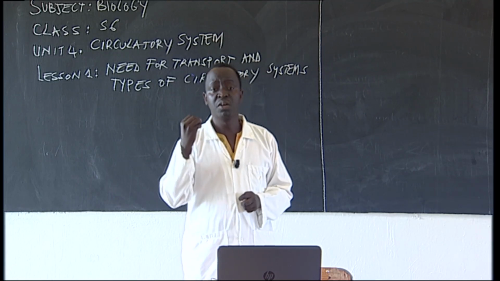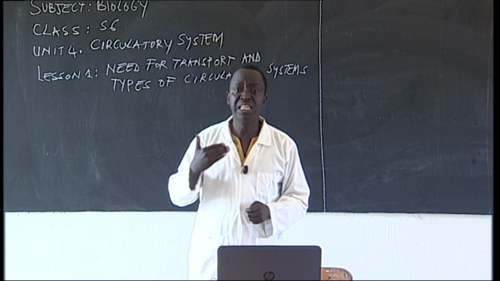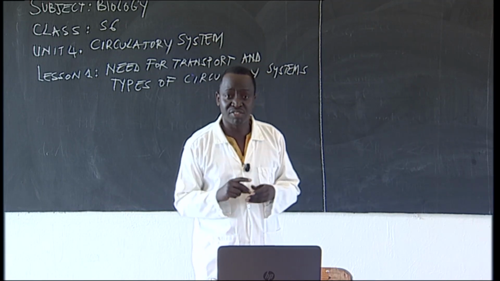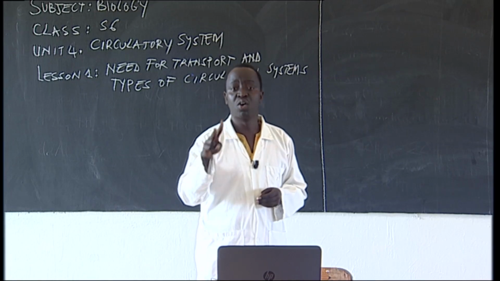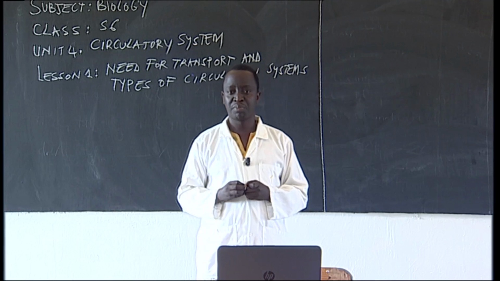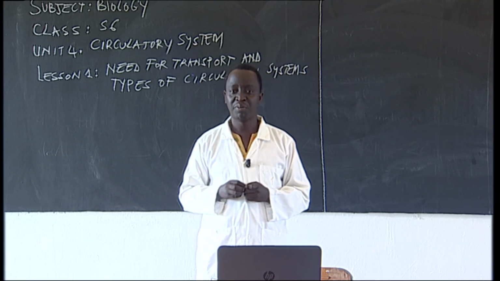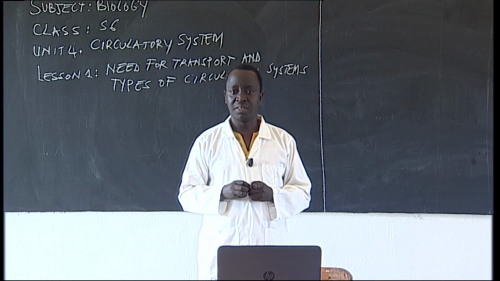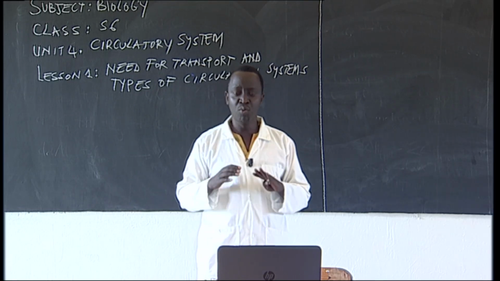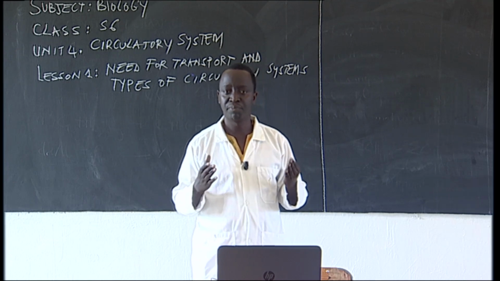Not only glucose, our body also needs water. Who can give at least two roles of water in our body? Good. It helps in excretion to remove waste products from our body.